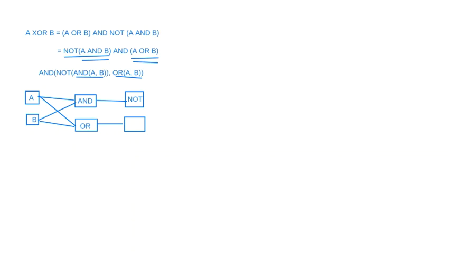What happens to both of those pieces? Both of those pieces go to an and, and then what happens?